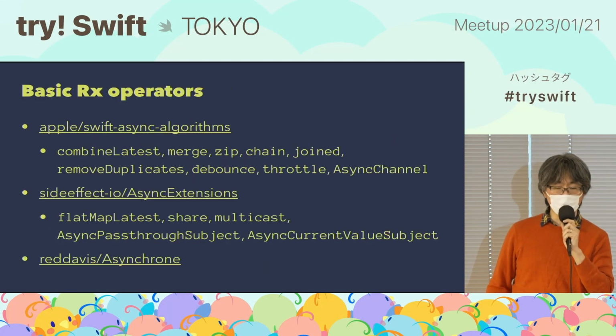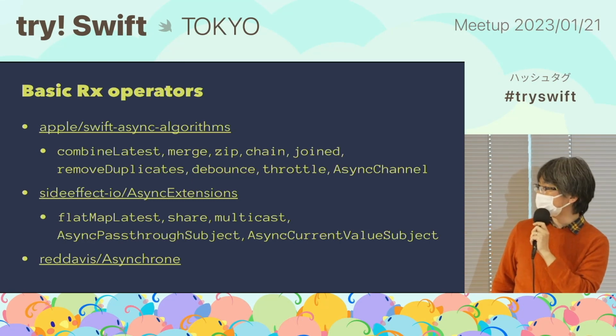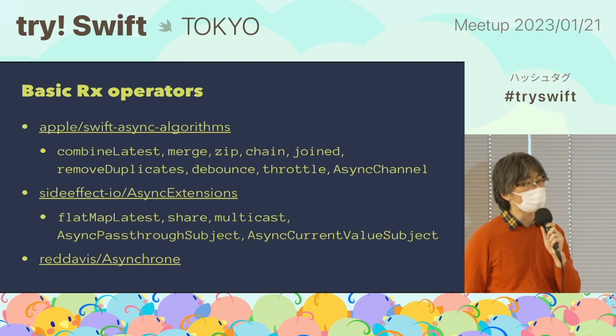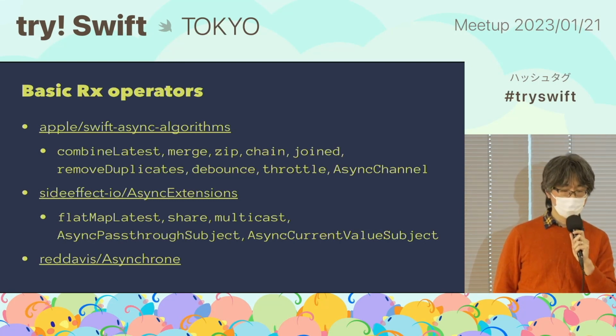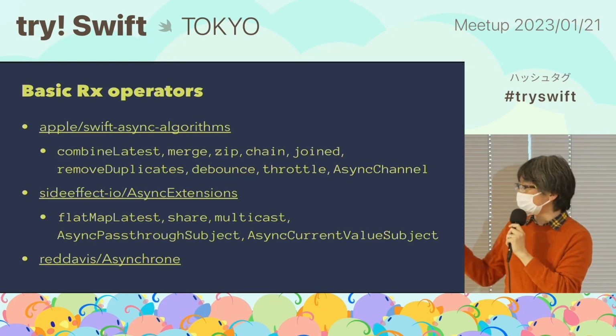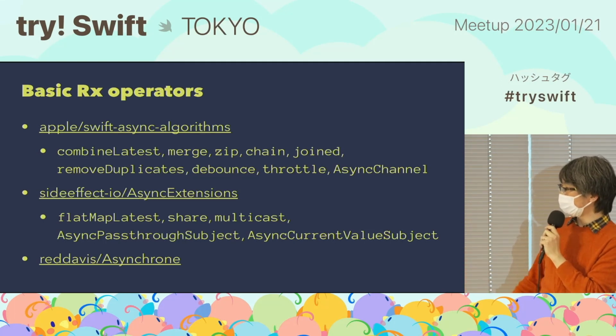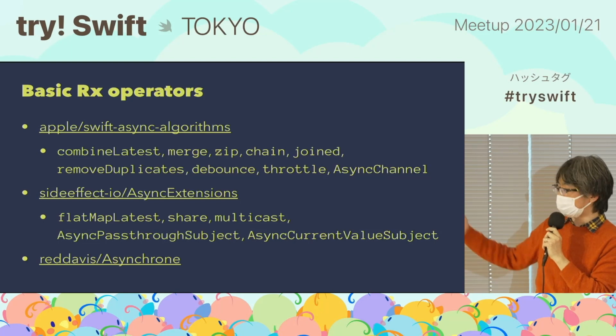Well, we have some options. One famous one is Swift Async Algorithms, given by Apple, that mimics the very nature of Rx frameworks. It has combineLatest, merge, zip, chain, join, removeDuplicates, debounce, throttle, most of the things we want. They also have AsyncChannel as well.